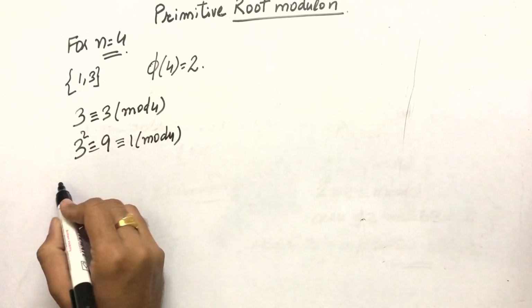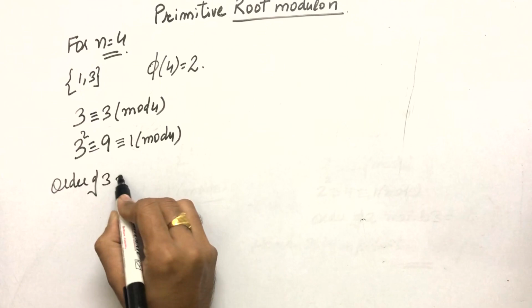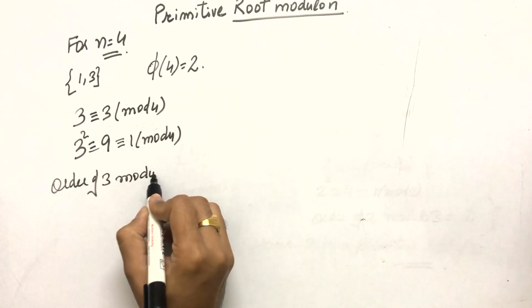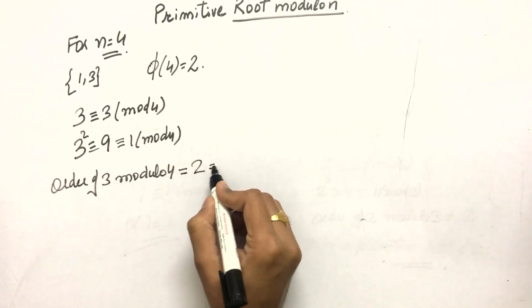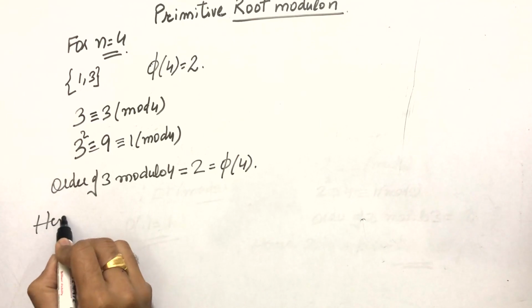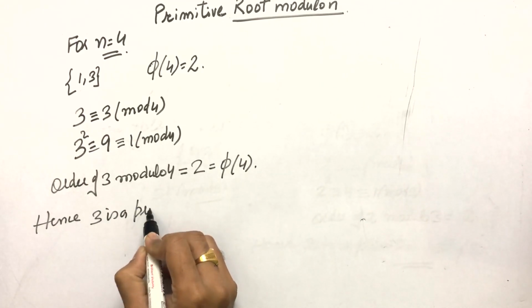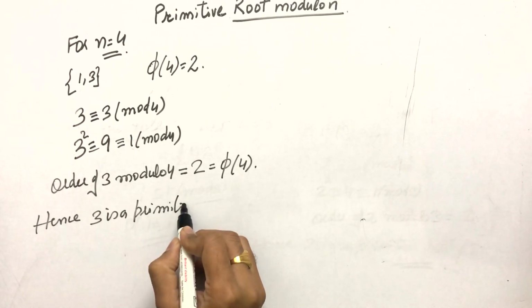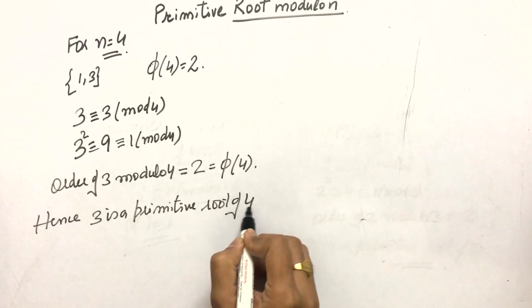So from this we can write the order of 3 modulo 4. How much? 2. That is phi of 4. Hence, 3 is a primitive root of 4.